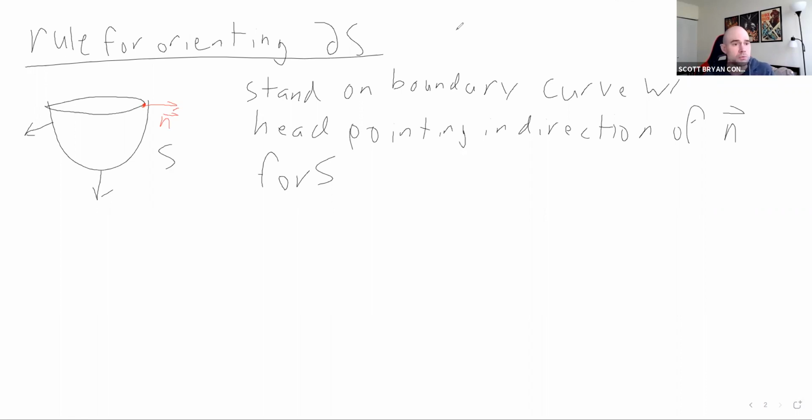Imagine that unit normal vector is like a stick figure. There's our beautiful stick figure, and our head is pointing in the direction of the unit normal vector. So we're going to walk along the boundary so that S is always on our left.